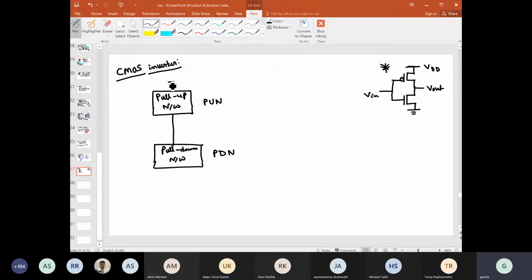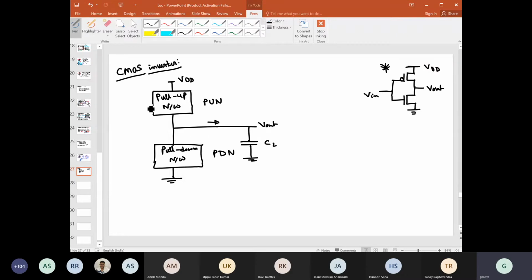Pull up should be connected with VDD, pull down is connected with the ground, and the output should be taken from the middle. This is the V out. Here we have the load, and as we already discussed, in digital the load is basically a capacitive load, CL, because no static current flows through it, since the gate current of a MOSFET is 0. Only the dynamic current can flow, for charging and discharging.